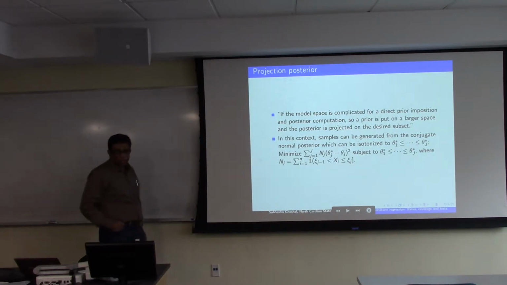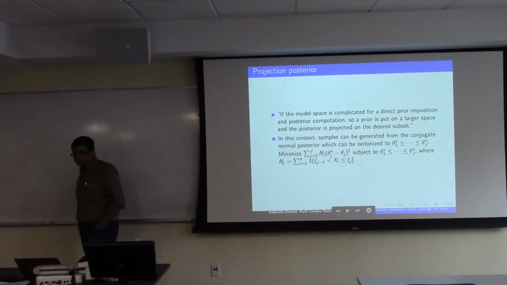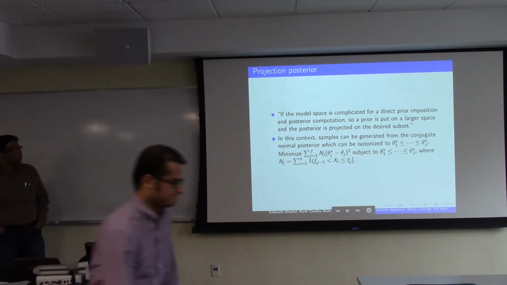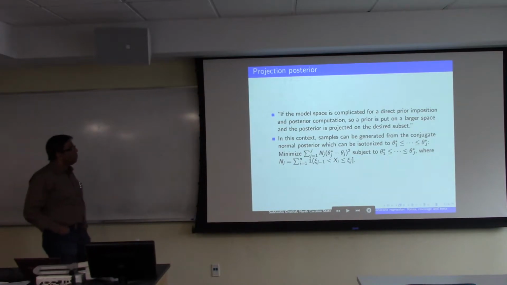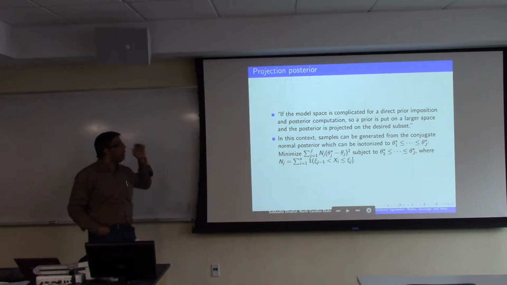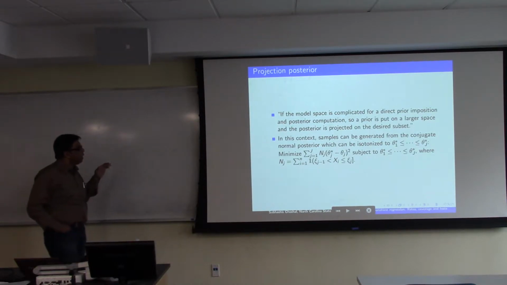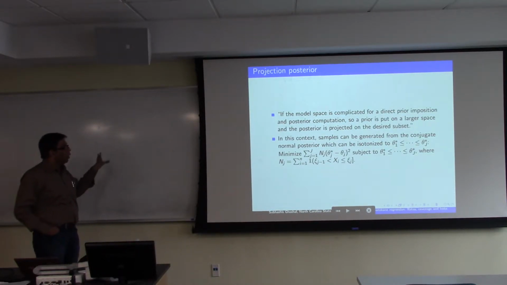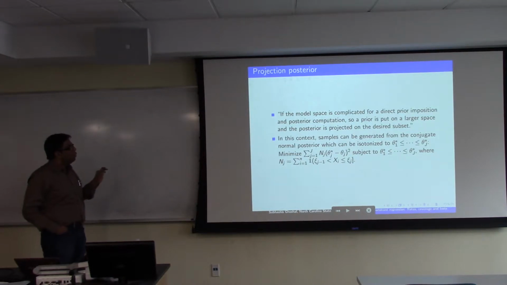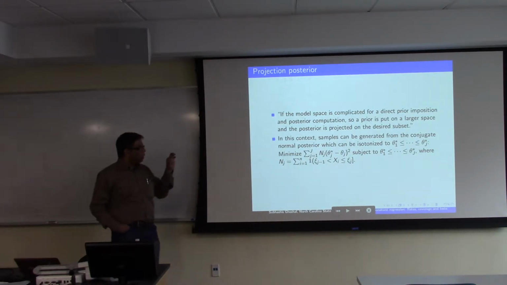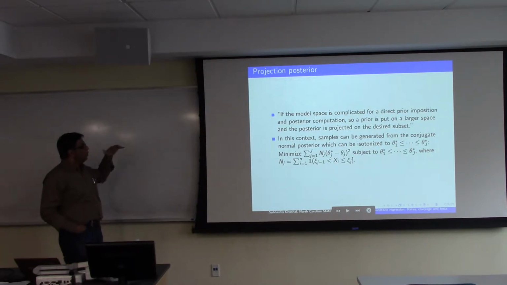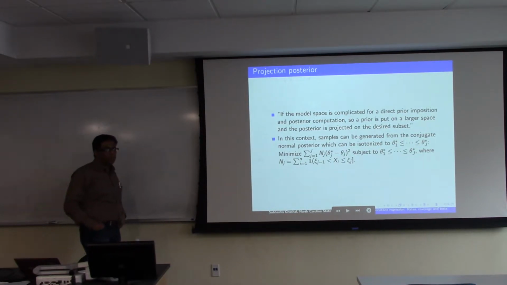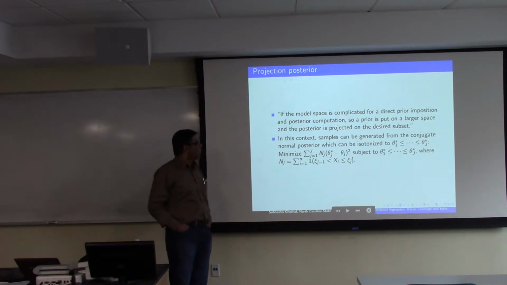This technique is useful in several contexts, including this one. Here, we put the independent normal prior, which is easy to work with. We get an independent normal posterior by conjugacy, and then we do the projection with the thetas that we get in this way. Projection means we make them monotone, and this procedure is called isotonization.